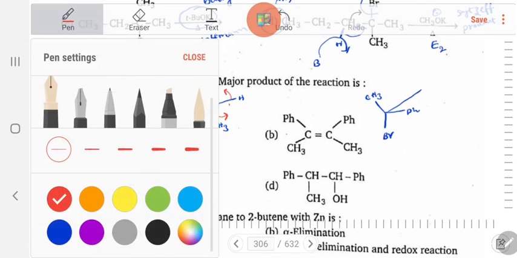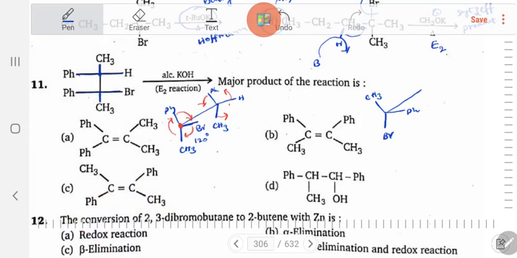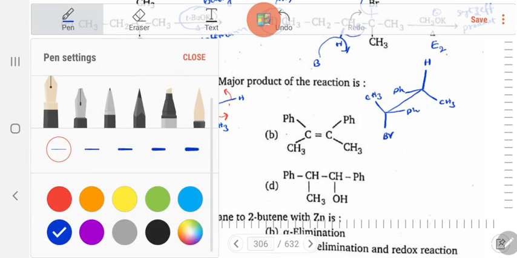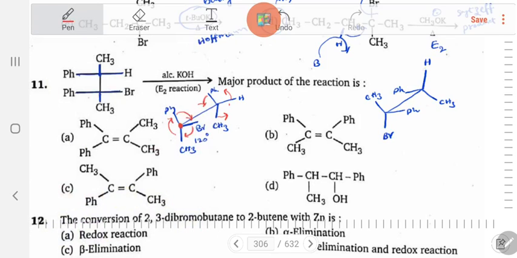So the obtained arrangement will be: hydrogen is above the plane like this, then you will have the CH3 group this side and phenyl that side. So this is the system. Now the anti-periplanar condition is satisfied, because hydrogen and bromine are in opposite directions.